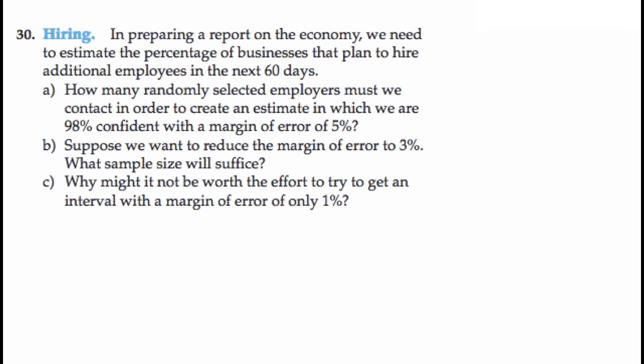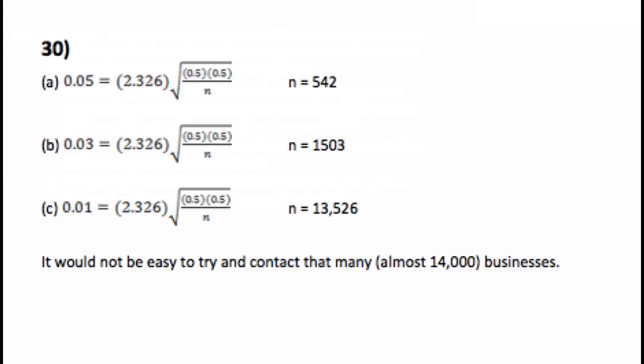All right, suppose we want to reduce the margin of error to 3%, what sample size will suffice? And then why might it not be worth the effort to try to get an interval with a margin of error of only 1%? Okay. So for the first piece, we had to get that z-star for 98%, which came out to be 2.326, again, inverse norm.